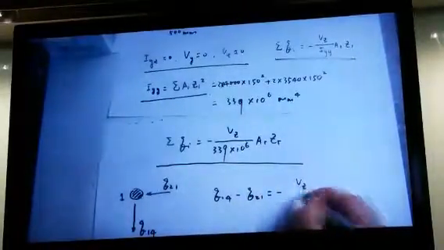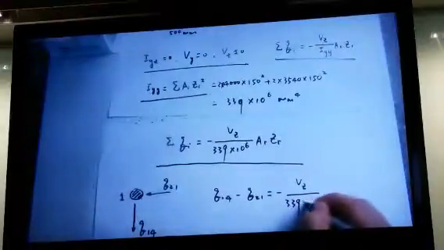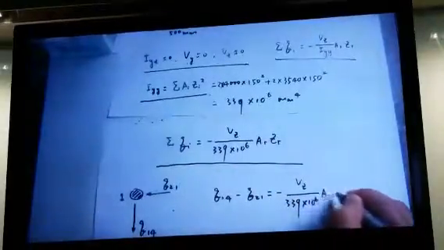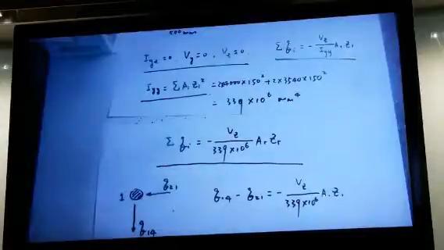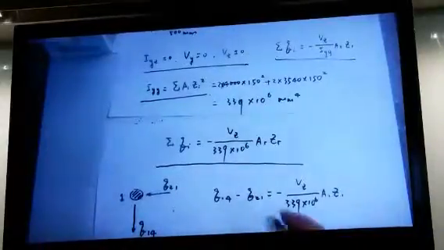And Vz over 10 to the 6 times A1 Z1. You are dealing with the first boom area.